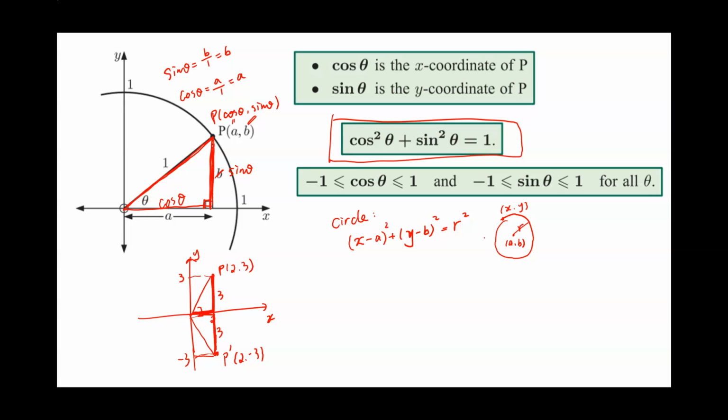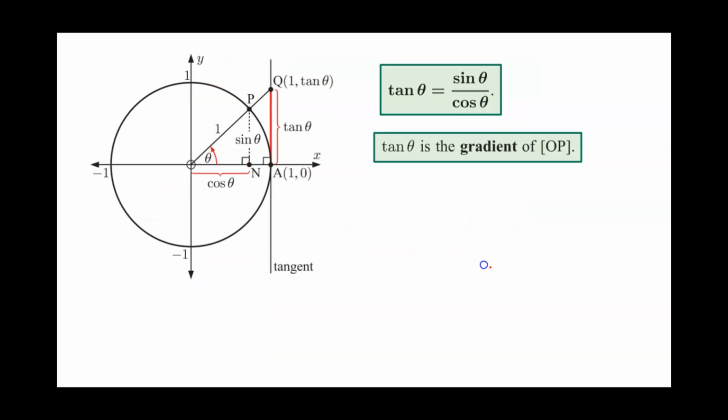So why would I say that? Okay, so P is (a, b), so I can just use P to represent it. So x would be cos theta, take away the center of the circle, which is actually (0, 0), plus y, sine theta, to the power of 2.